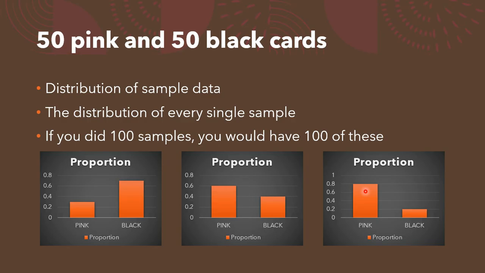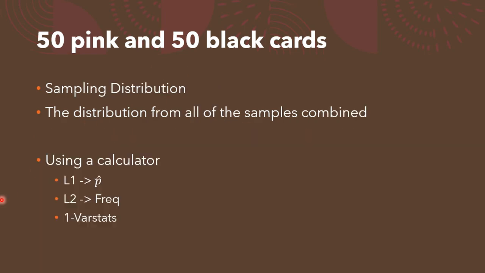So 4 and 6 pink cards would be about the same, but it would be less than 5. 3, 7 would be about the same, but less than 4 and 6. 2, 8, 1, 9, 0, 10. It makes that nice little bell curve, which is what we're talking about here. Okay. All right.